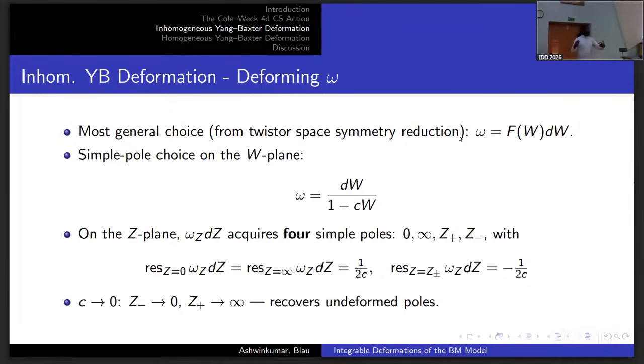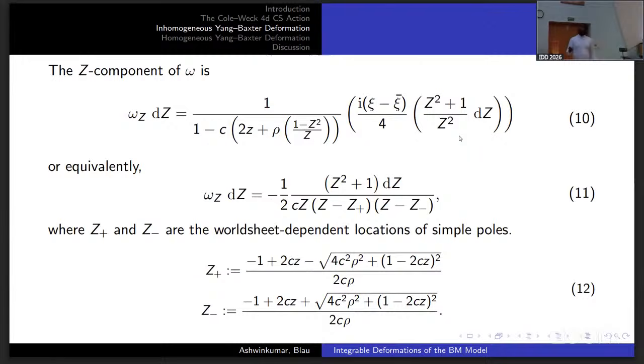On the z plane, this translates to 4 simple poles at 0, infinity, z plus, and z minus. Z plus and z minus are worldsheet dependent. And the residues match nicely, as you can see here. This is basically necessary to impose the usual non-local boundary condition to get the Yang-Baxter sigma model. And when we take c going to 0, we find that the simple poles approach 0 and infinity, respectively. So we recover the undeformed case of Cole and Weck.